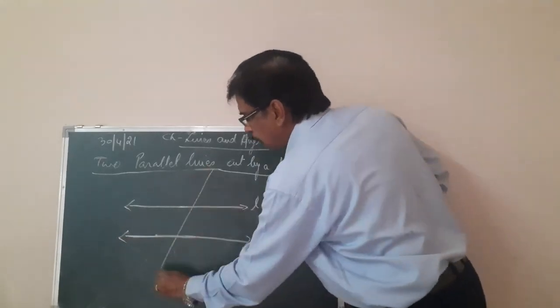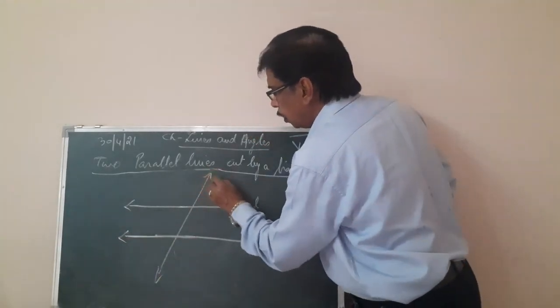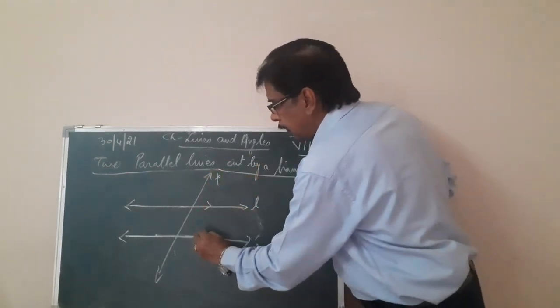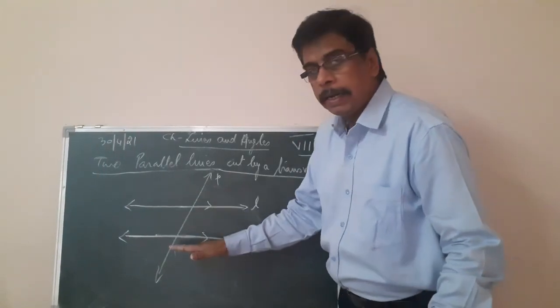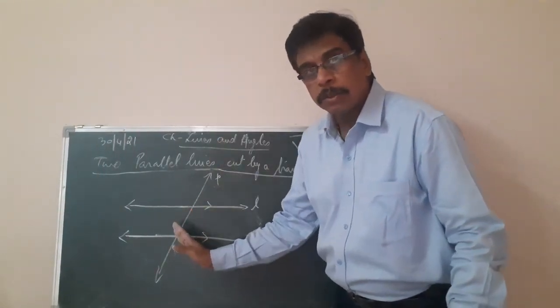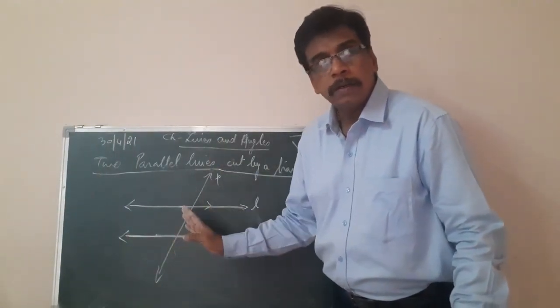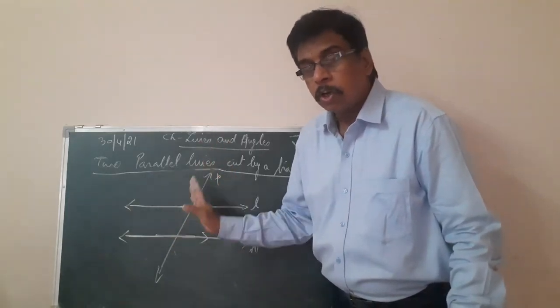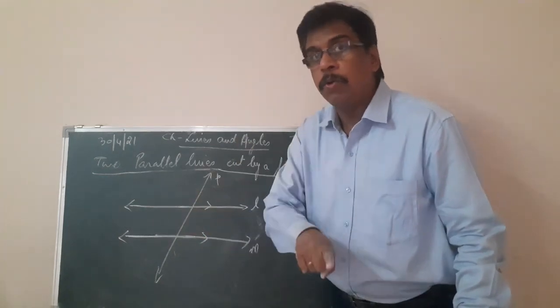They are cut by a transversal, say P. Now when two parallel lines, I am indicating the parallel lines by this, when two parallel lines are cut by a transversal, then we know which are corresponding angles. Corresponding angles are equal.